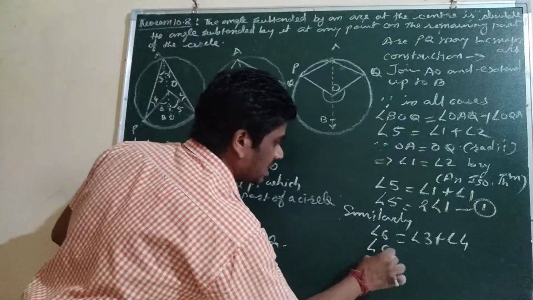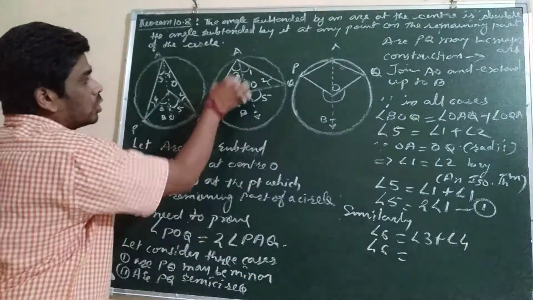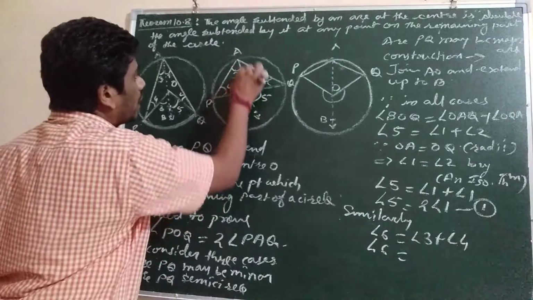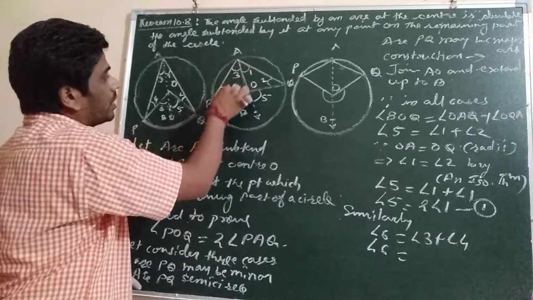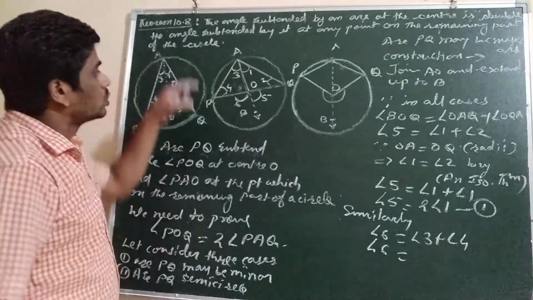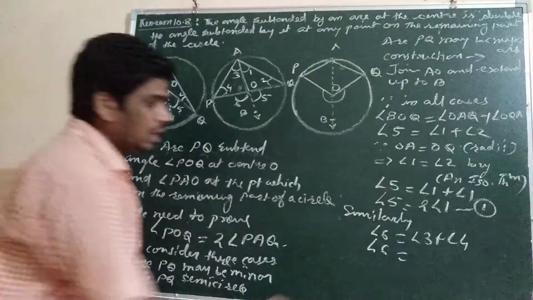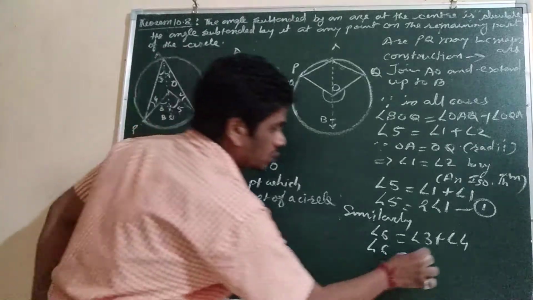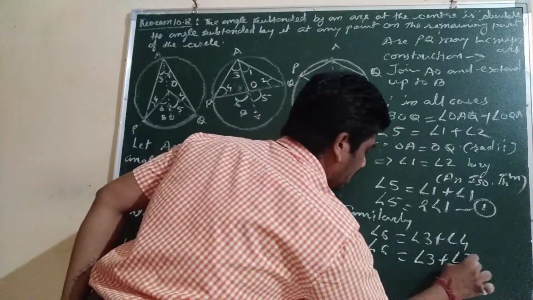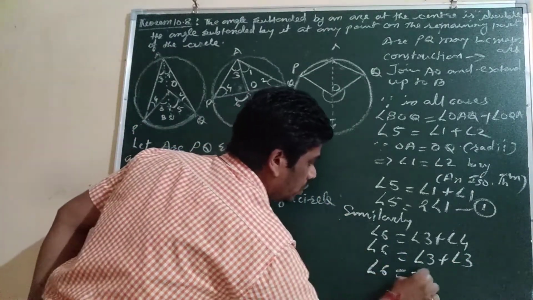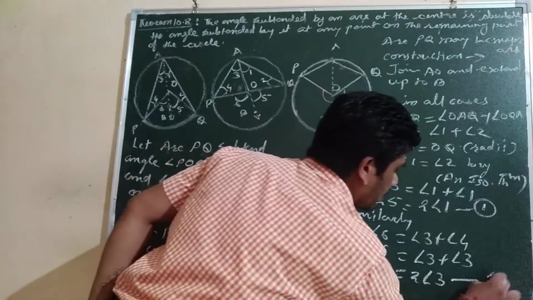These both will also be equal because these are also radii, so 3 and 4 will be equal. So 4 we can replace by 3. So angle 3 plus angle 3, which means angle 6 will be equal to 2 times angle 3. This will be equation 2.